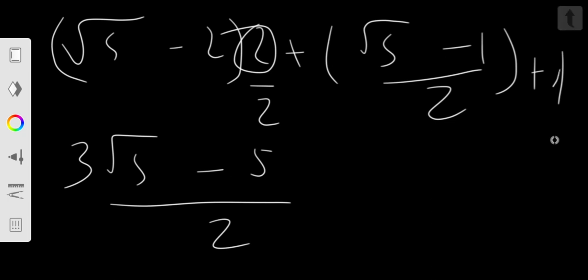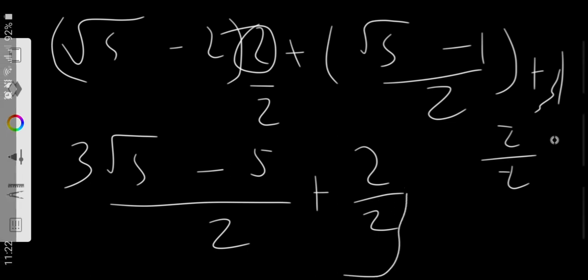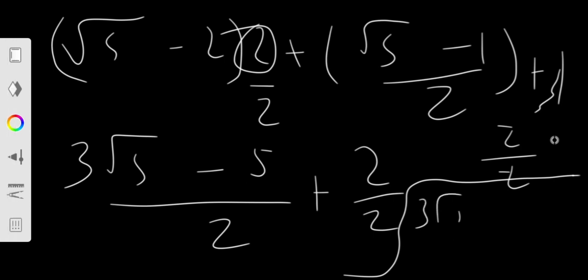And here I'm going to do the same thing. I'm going to multiply the 1 by 2 upwards and downwards so that we don't change anything. So in place of adding 1, I'm going to add 2 divided by 2. So now we will have, let me write it over here, 3 square root of 5, now minus 5 plus 2, minus 3, divided by 2.